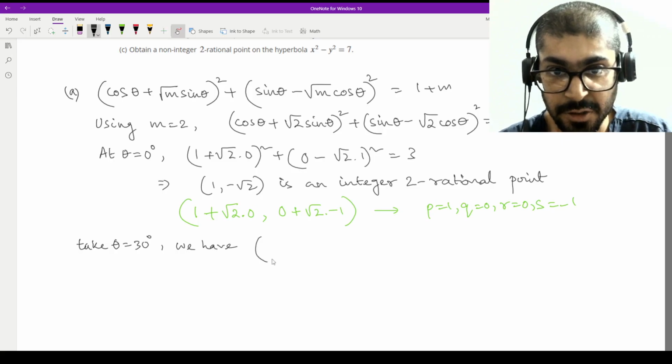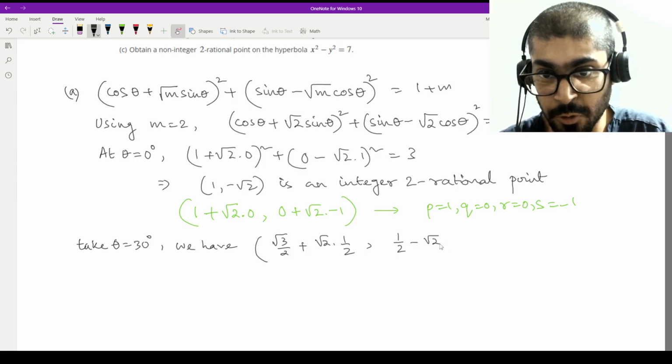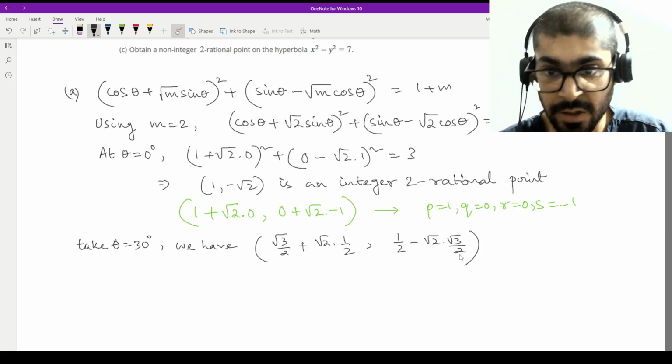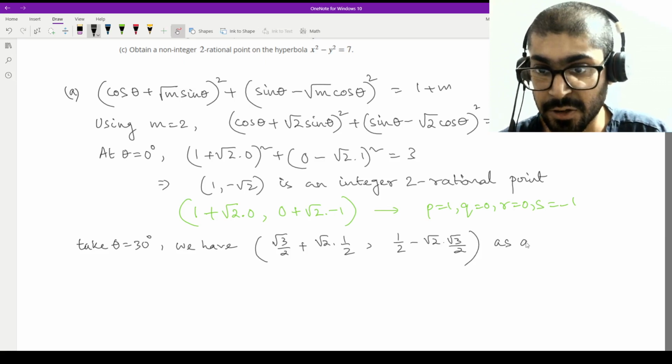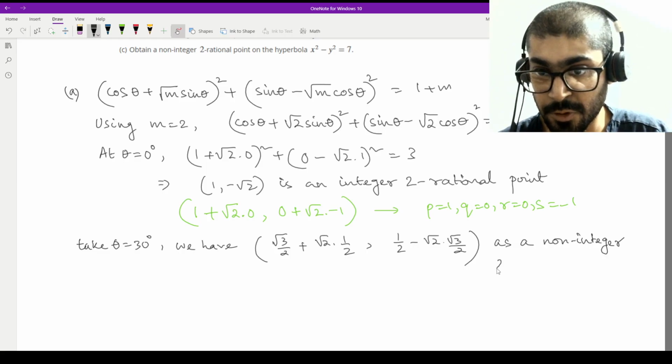cos 30 is root 3 by 2 plus root 2 into sin 30, which is half, and our next point would be sin 30, which is half again, minus root 2 into root 3 by 2, as a non-integer two rational point.